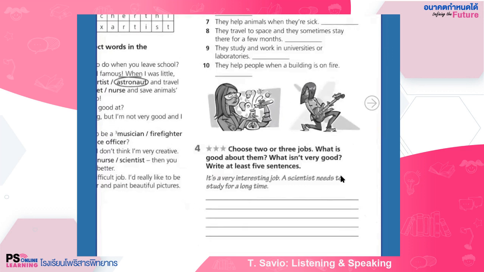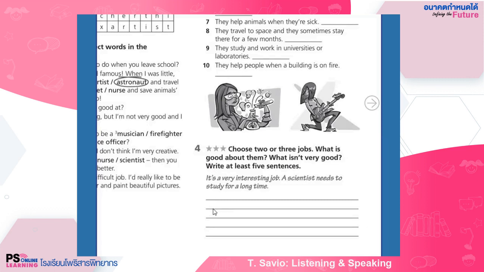Again, this is something that we can work on or think about and then do once we are in the classroom. Choose 2 or 3 jobs. What is good about them? What isn't very good? Write at least 5 sentences.